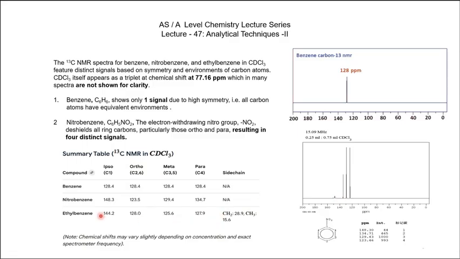And if we take ethyl benzene, we get 4 peaks for the benzene ring, and then we have an ethyl group on the ring, so we have an environment for CH3 and another environment for CH2. Therefore, we have 2 peaks here, so we should get 6 peaks for ethyl benzene. We'll see it later.